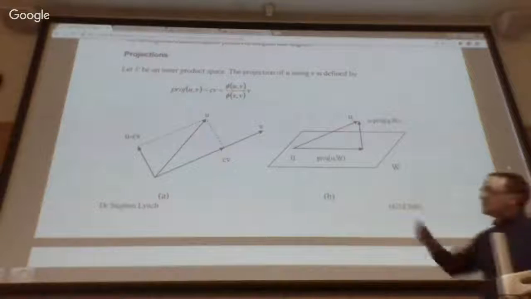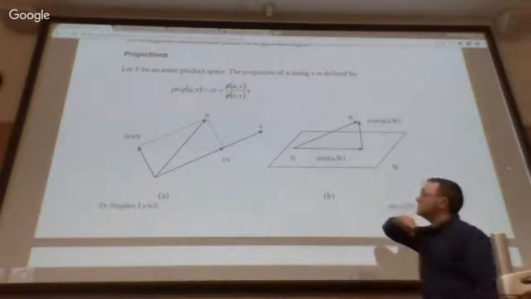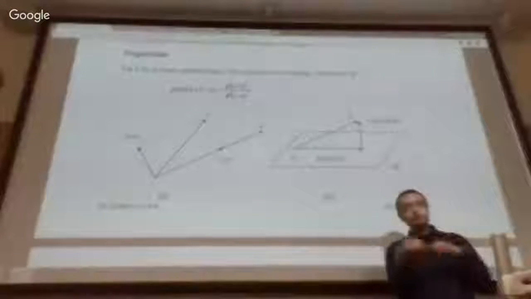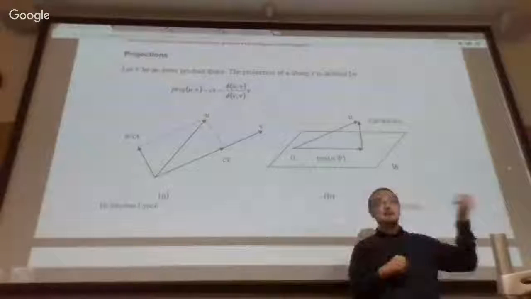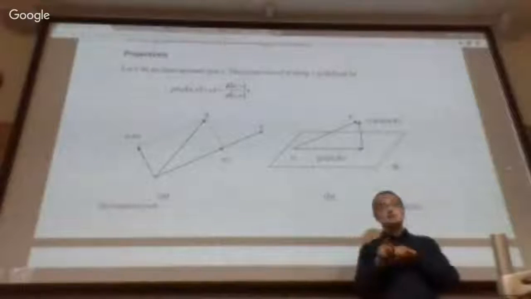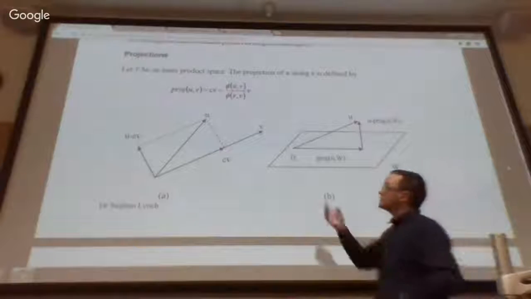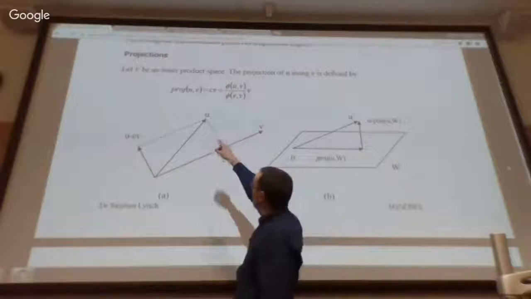Okay? So if you have a pair of vectors u and v, typically these will be pointing in different directions. If you choose a random vector u and a random vector v from your vector space, you'd be lucky to find them both pointing in the same direction. But we can talk about the projection of u onto v.